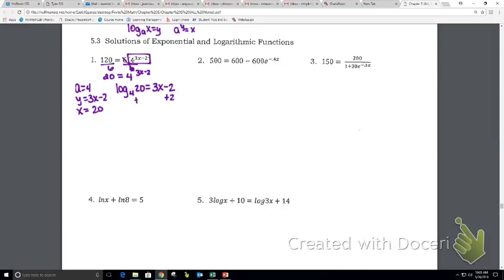Okay, we can add the 2. And divide by the 3, right?